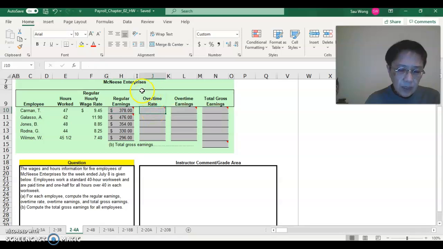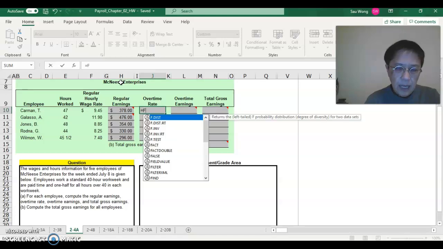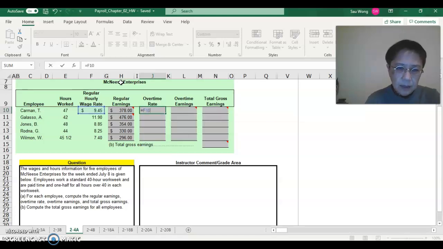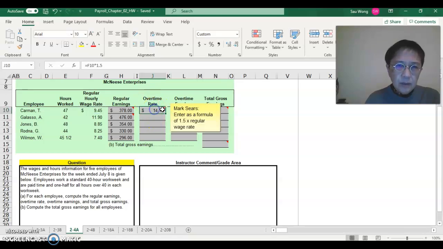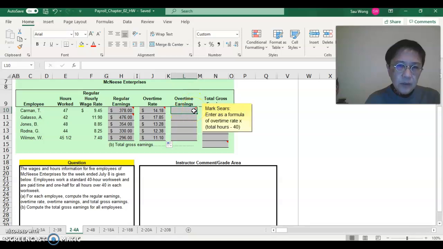Overtime rate is equal to F10 times 1.5. Overtime rate is the regular rate times 1.5. Hit enter. Go back to J10. At the corner, there is a plus sign. You drag down. Okay, all the formulas are copied. Overtime earnings. Overtime earning is any hours over 40 hours, times the overtime rate.